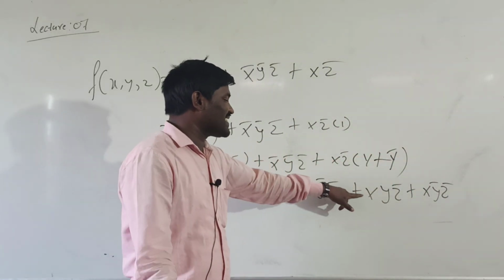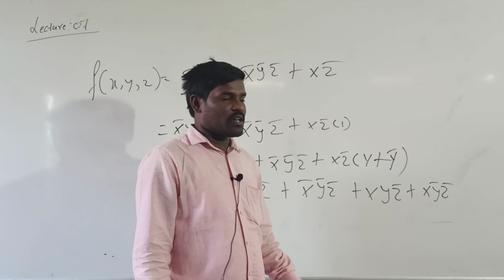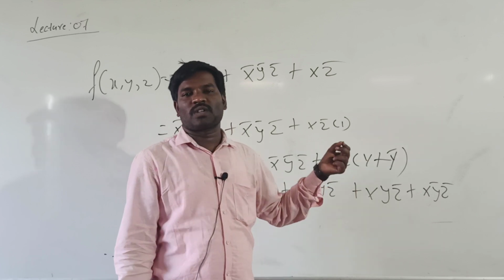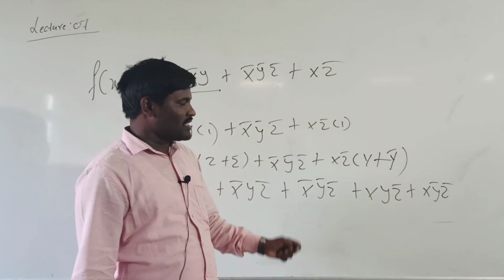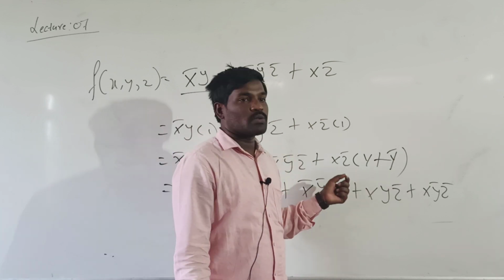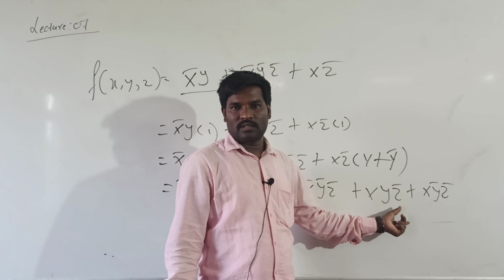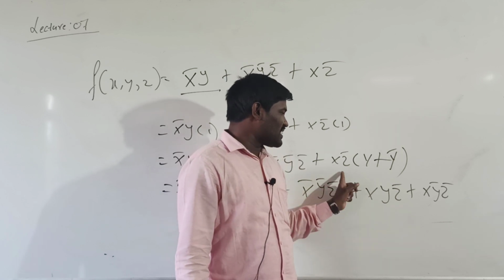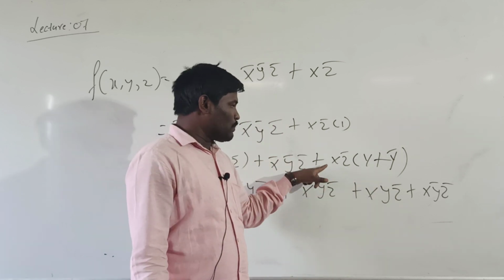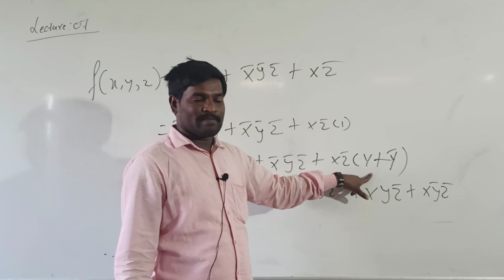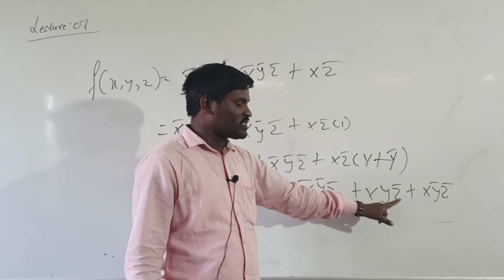Don't write x z bar y, because it may cause confusion when writing the position. We have to write the expression in the particular order. If I write x z bar y, the position would be 1 0 1, but here the position is 1 1 0.